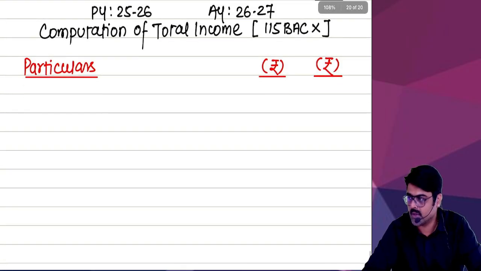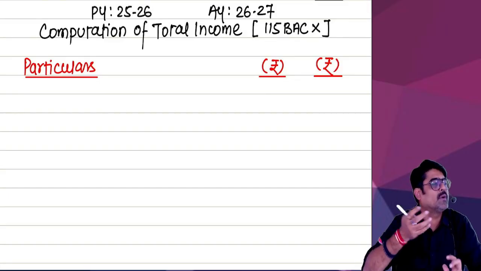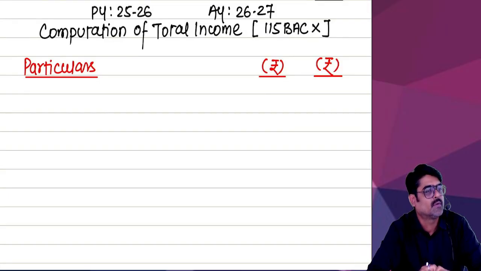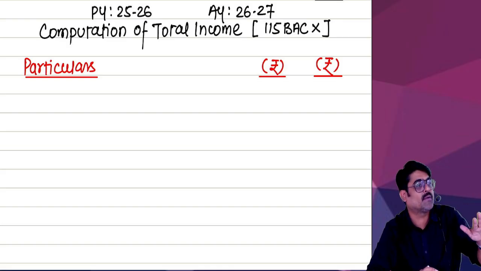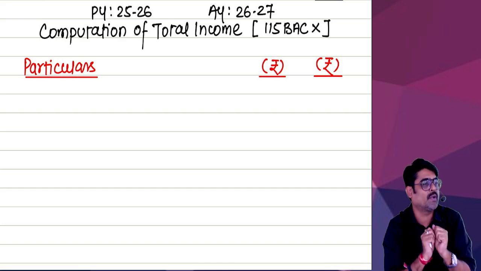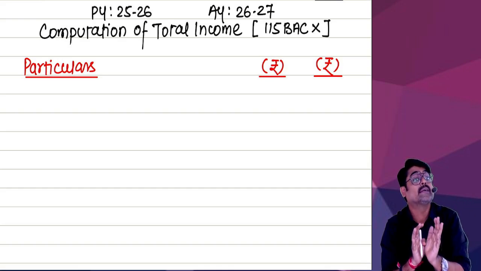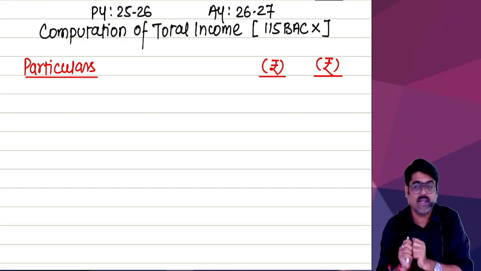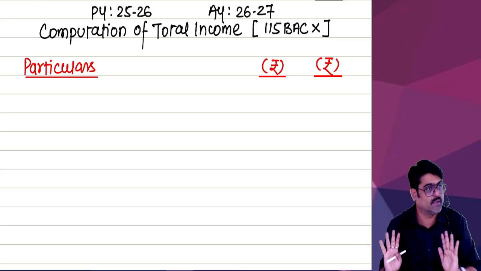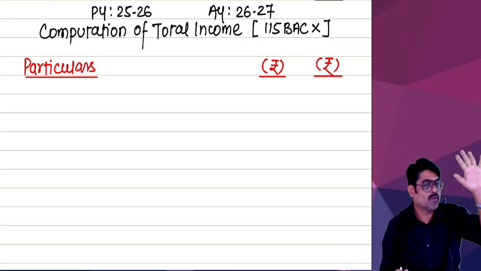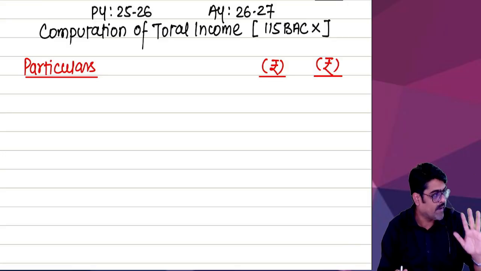To calculate your total income, what are the steps? First, you will have to calculate the 5 heads of income, then clubbing and set off, and you will get gross total income. From that, you take the Chapter VI-A deductions. That process you are supposed to follow. Yes or no?